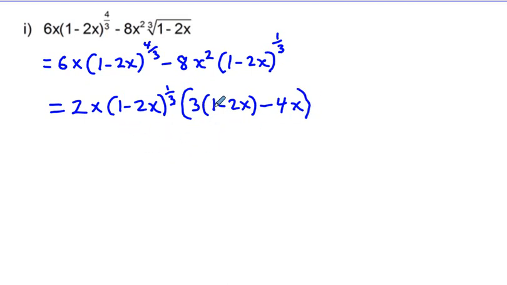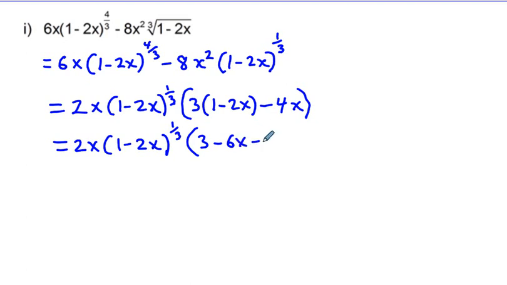And so simplifying out here, we're going to have 2x times quantity 1 minus 2x to the 1/3 power. And then we're going to have 3 times 1, and 3 times negative 2x is going to be negative 6x, and we're going to have minus 4x.